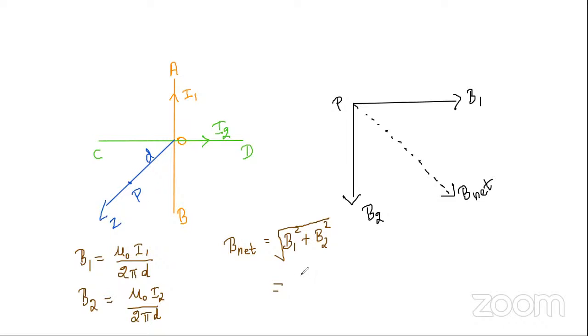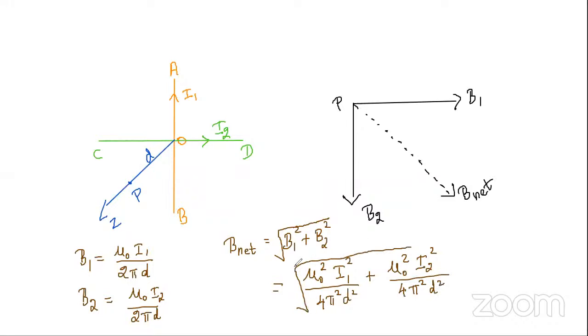So B1 squared, that is mu naught squared I1 squared by 4 pi squared D squared, plus mu naught squared I2 squared divided by 4 pi squared D squared, and square root you have to apply.